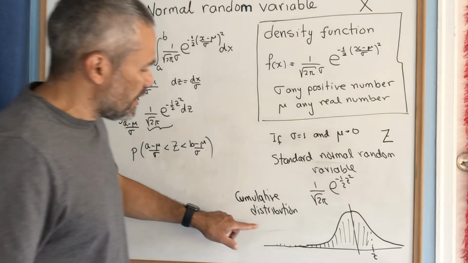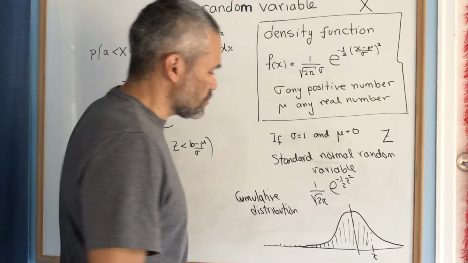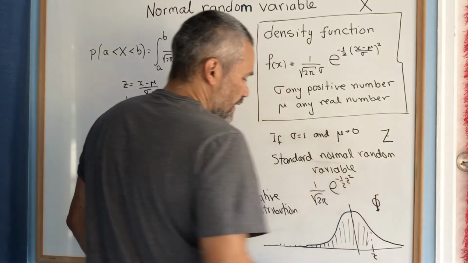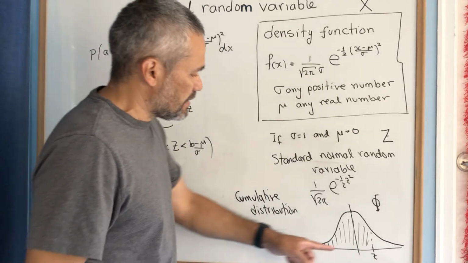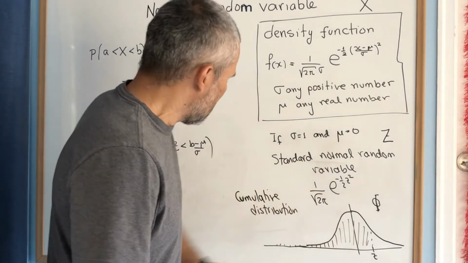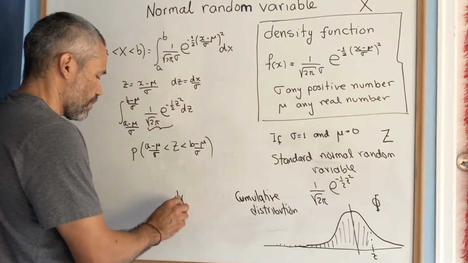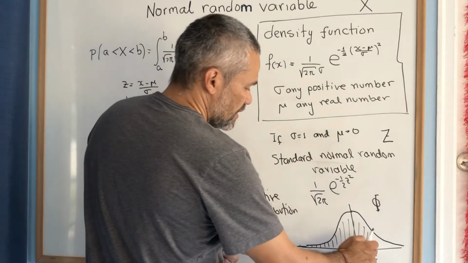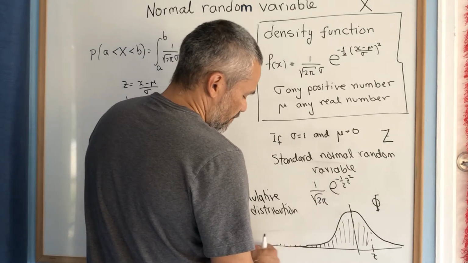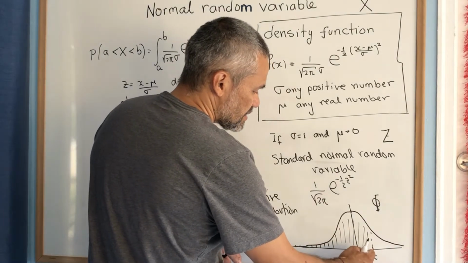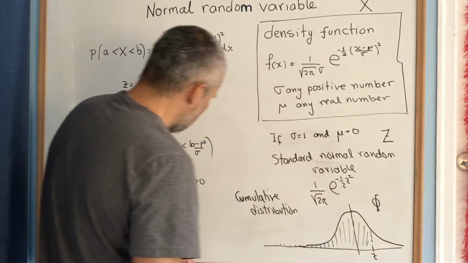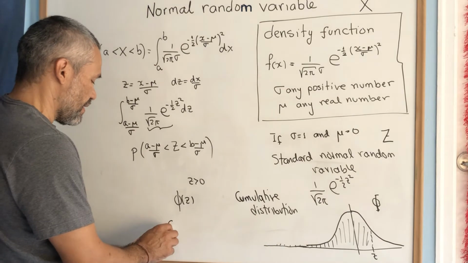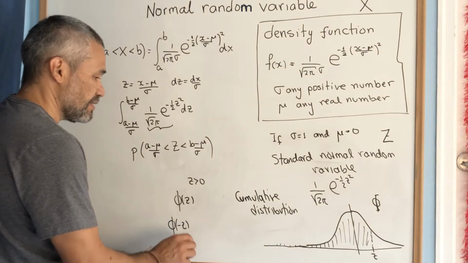One observation is that this function, let's call it capital C, has the property that if you want to compute C of c, let's suppose that c is bigger than 0. Then if you want to compute this area from negative infinity up to this value, we can compare this area with the area of C of negative c.